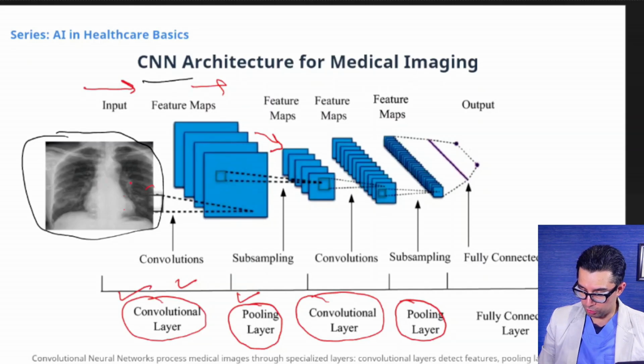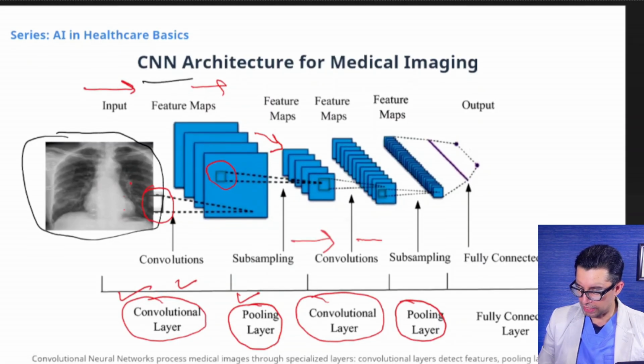Just keep in mind that pooling layers look to reduce the image size while preserving important diagnostic information. This happens multiple times, with each layer learning increasingly complex medical patterns.